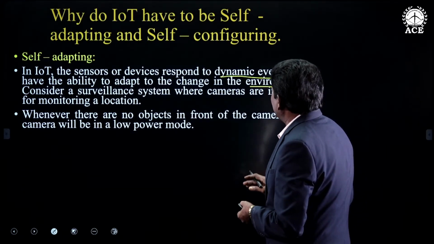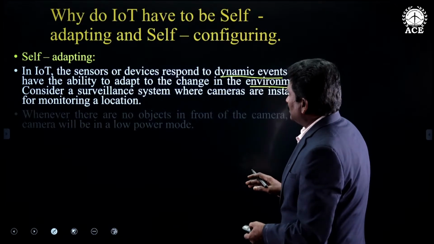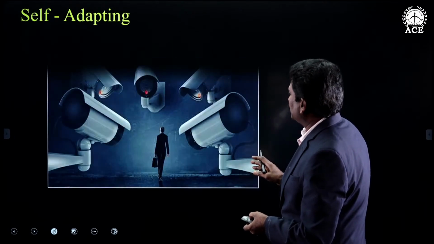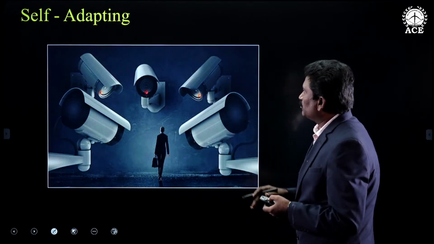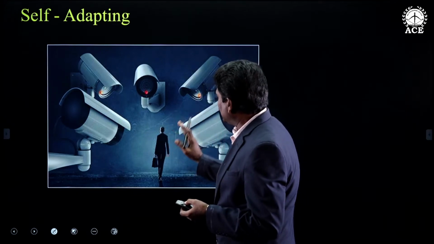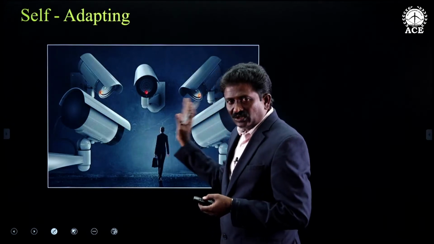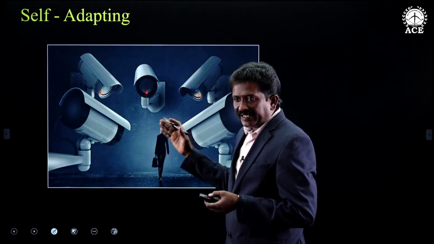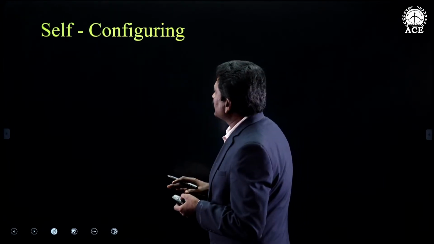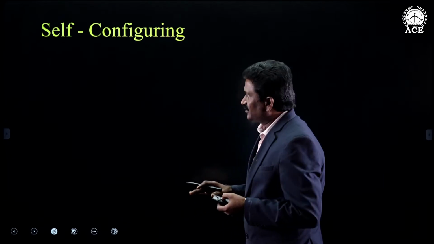I have given some examples also. This is the example of a self-adapting system, a camera system. Using these cameras, we are able to observe daytime activities and nighttime activities according to our requirement. Next, self-configuring.